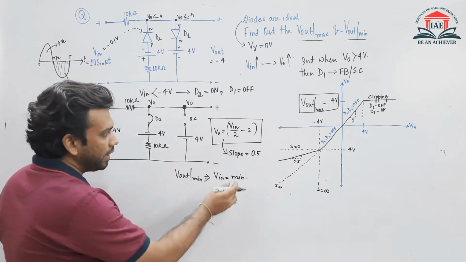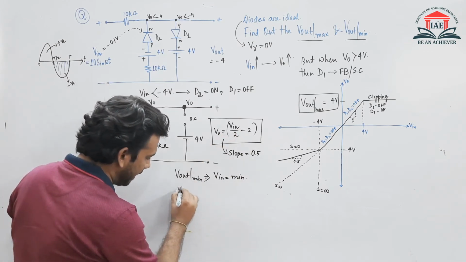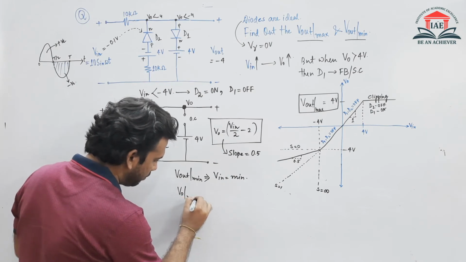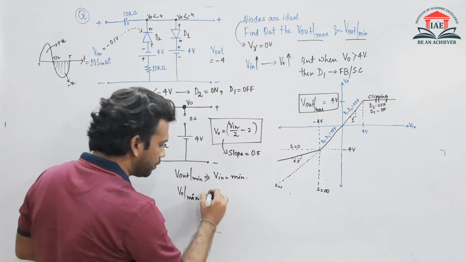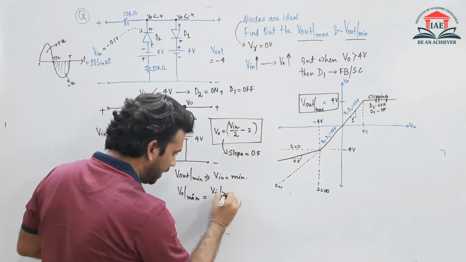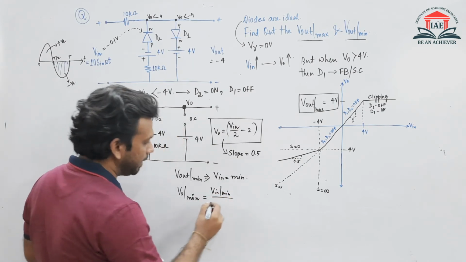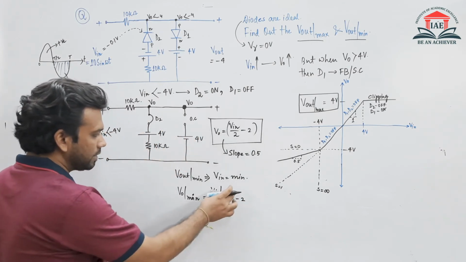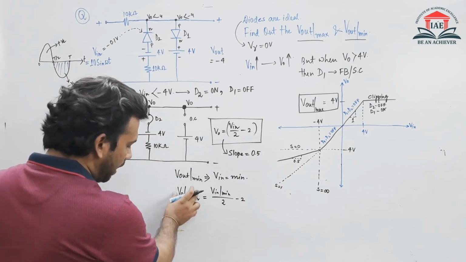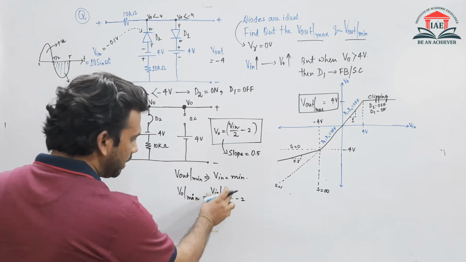So if I use this equation, I can write V out minimum is equals to V input minimum divided by 2 minus 2. So now what is the input voltage? Our input voltage minimum value. So we have to see that.